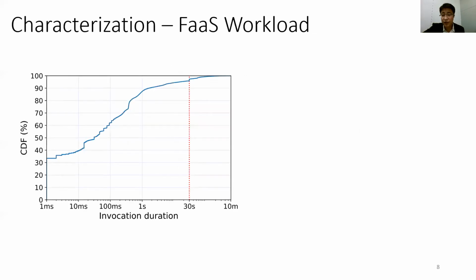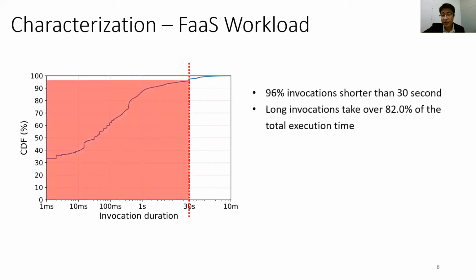The left figure shows the CDF of invocation durations in the serverless workloads. So 96% of all the invocations are short invocations. So most invocations are short. However, if you examine the breakdown of total execution time, it turns out that long invocations take over 82% of the total execution time.